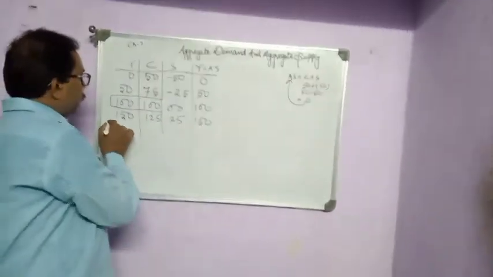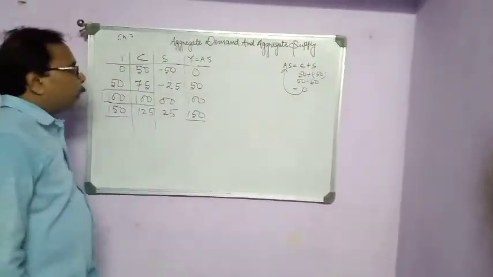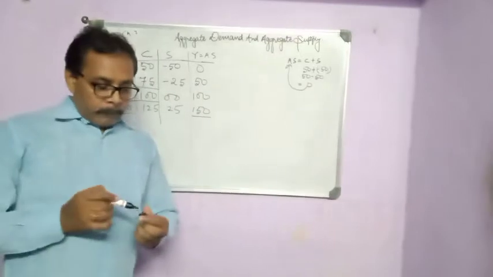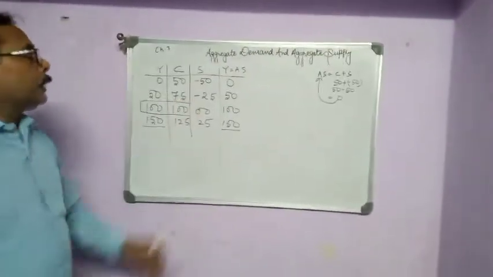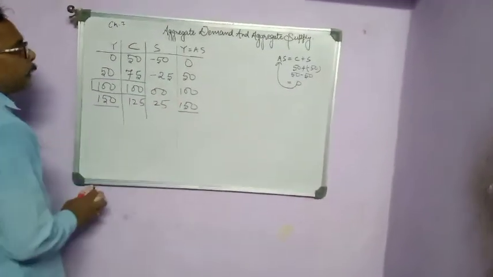Positive. And the value of AS and the value of Y both will be equal, because it is the money value of all the final goods and services. Now it can also be explained with the help of the following diagram.